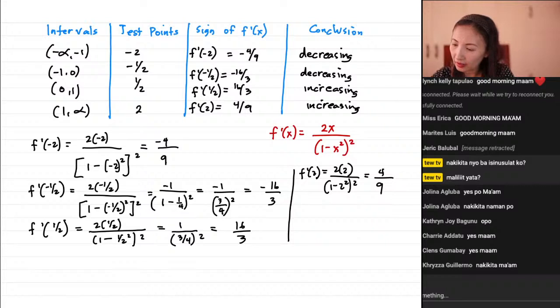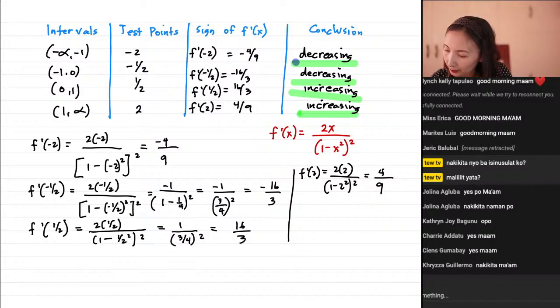Okay? From negative 1 to 0, it's decreasing. From 0 to 1, it's increasing. From 1 to infinity, it's also increasing.